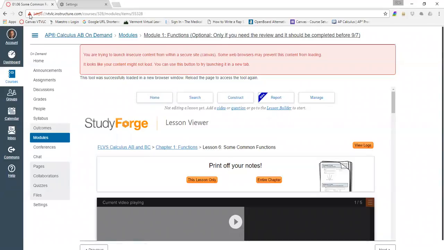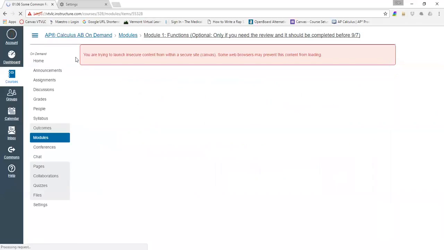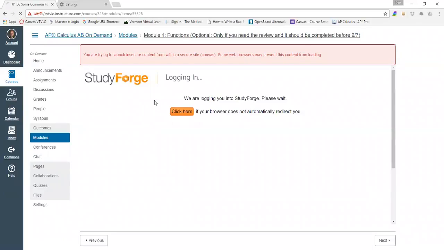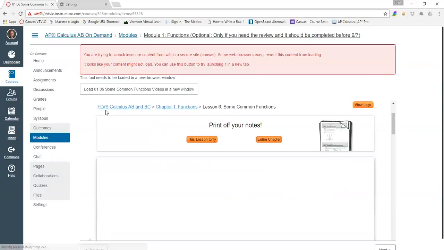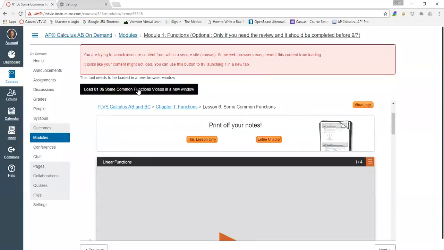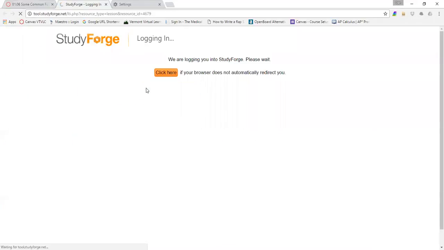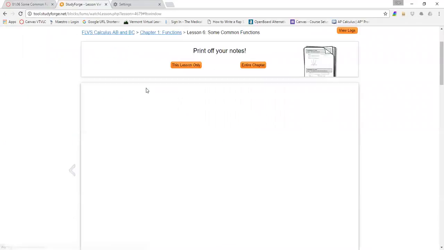Okay, so how do you access these materials in Canvas? I'm loading one of those StudyForge lessons, loading a new window, and there are the lessons.